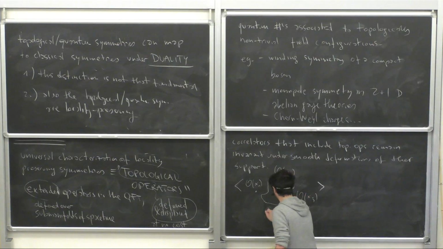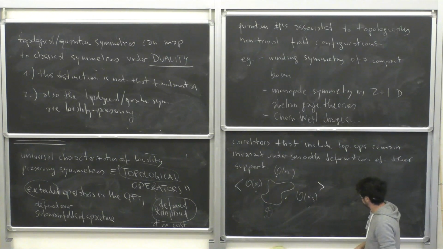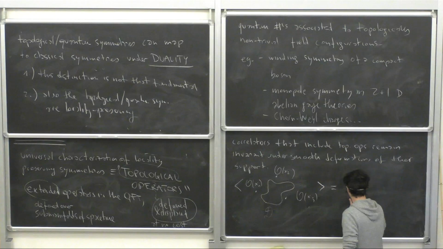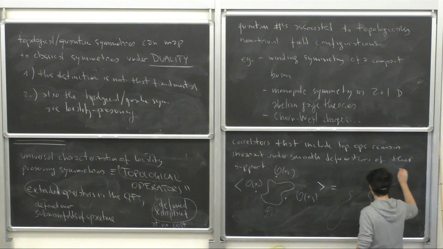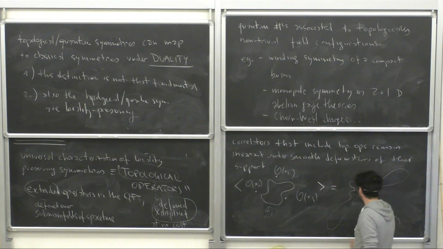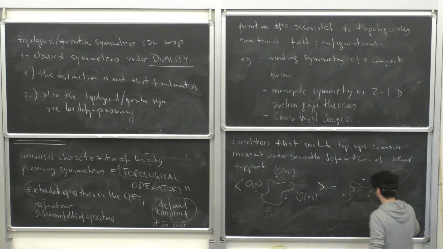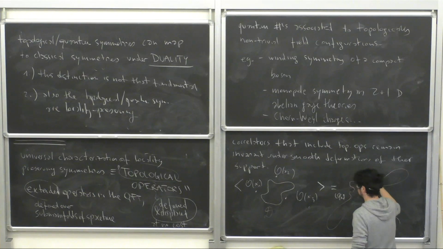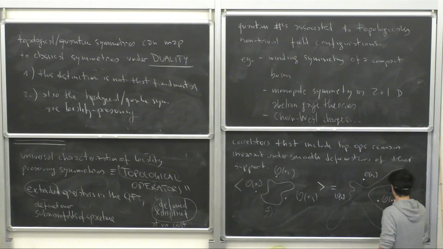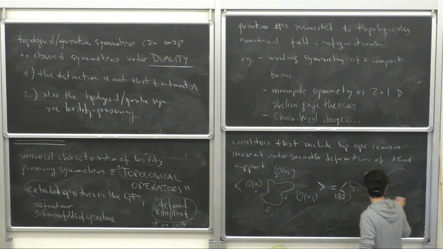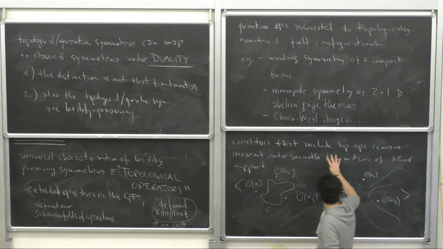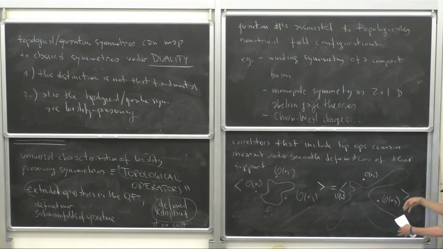Let's call it D for defect. You can wiggle it as much as you want, this amoeba-like configuration, and as long as it doesn't intersect the insertion of the other operators, the value of the correlator stays unaffected. So correlators that include topological operators remain invariant under smooth deformations of their support.